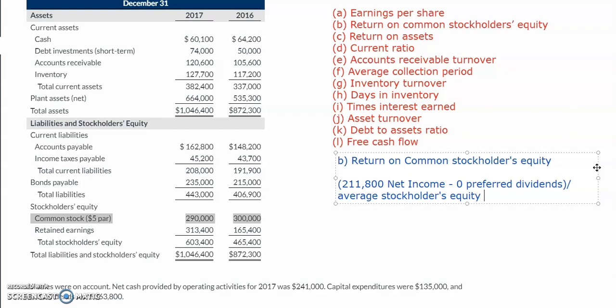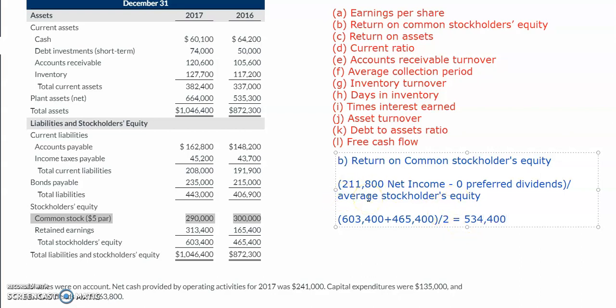So for our average stockholders' equity, I'm going to take the numbers in this problem for stockholders' equity. I'm going to take 603,400 plus 465,400, add them together and divide it by 2. And you're going to notice that this is coming from this line item called total stockholders' equity. So my average is going to be 534,400.